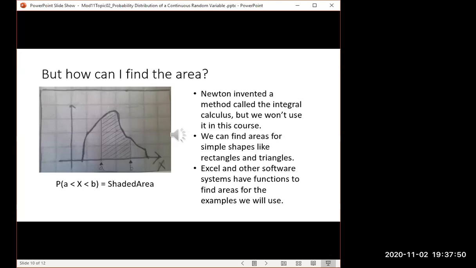The general method for this is called the integral calculus, invented by Newton, but that's not a prerequisite for this course, so we can't use that. So we're going to limit ourselves to areas of simple shapes like rectangles and triangles, or curves where we have functions available in Excel or on calculators to find the areas for us.